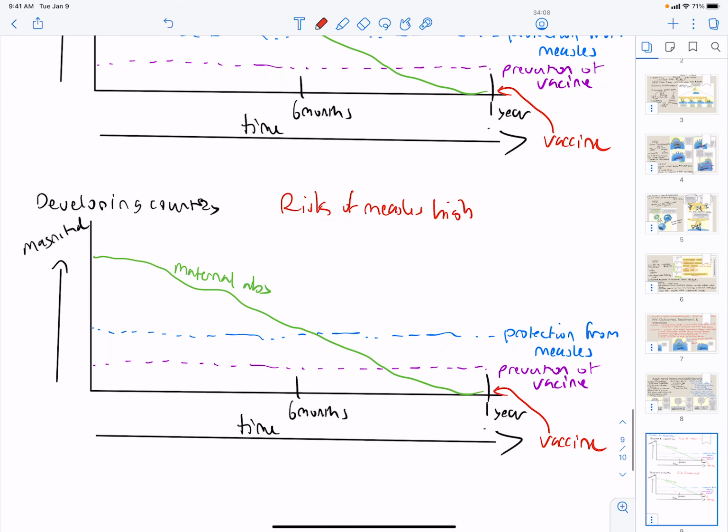And so they can't really wait until a year of age to give a vaccine because the risk is too high. So the vaccine is given at about 6 months or 9 months.